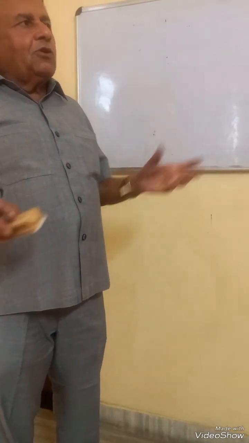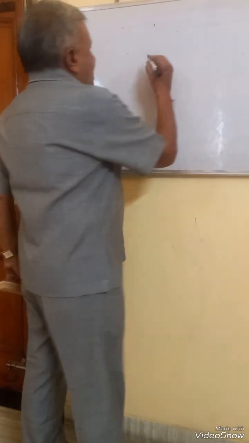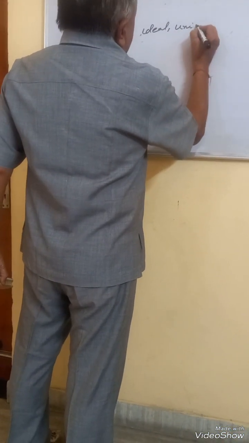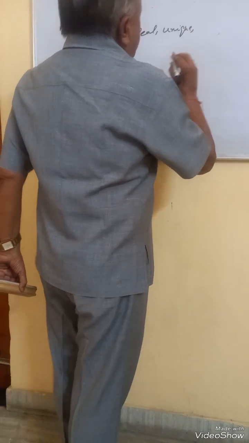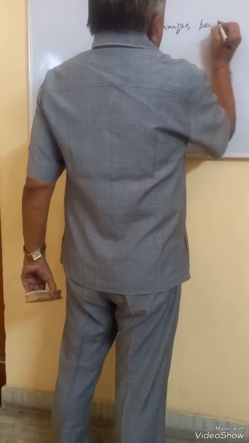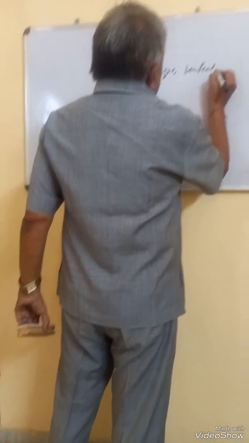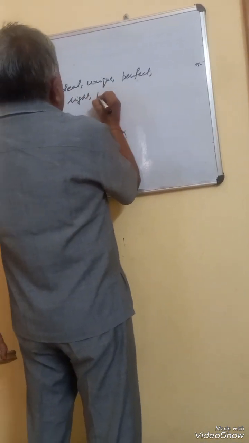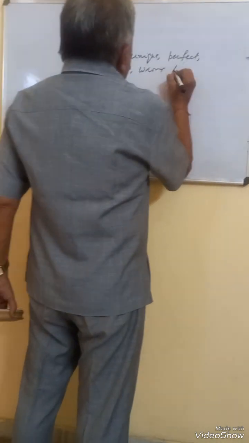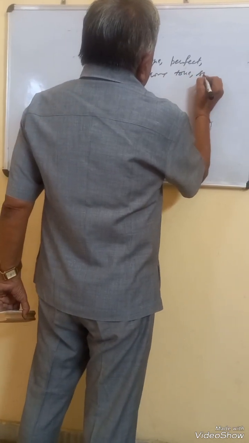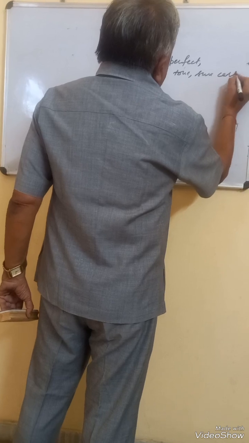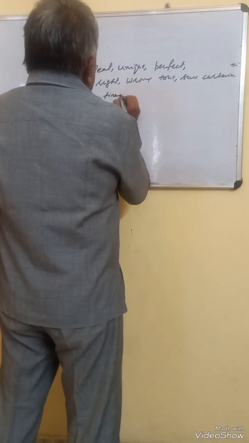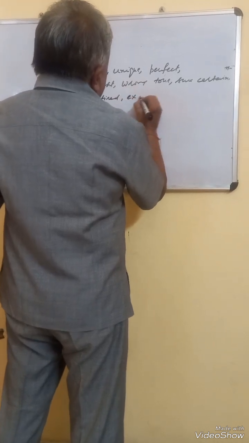So some examples of non-gradable adjectives are ideal, unique, perfect, right, wrong, true, sure, certain, tired, exhausted.